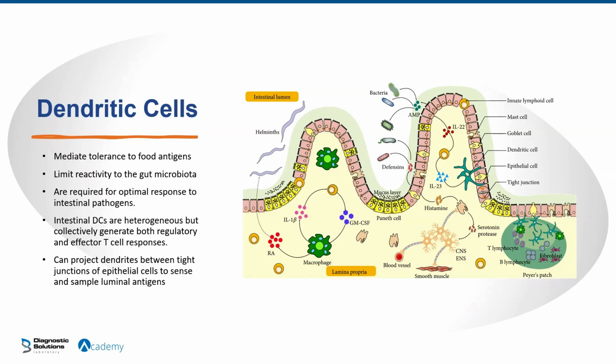Dendritic cells seen here mediate tolerance to food antigens. They limit reactivity to the gut microbiota, and they're required for optimal responses to intestinal pathogens. They're heterogeneous in nature, but together they generate both regulatory and effector T cell responses, and they can project between the tight junctions of the epithelium so they can sense and sample luminal agents.